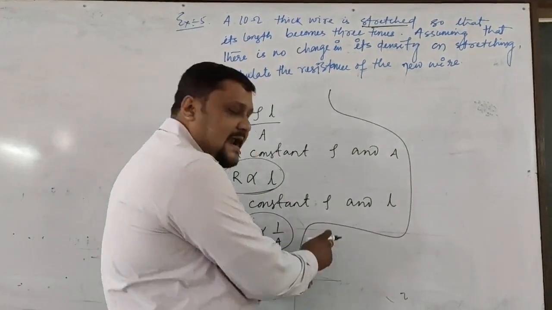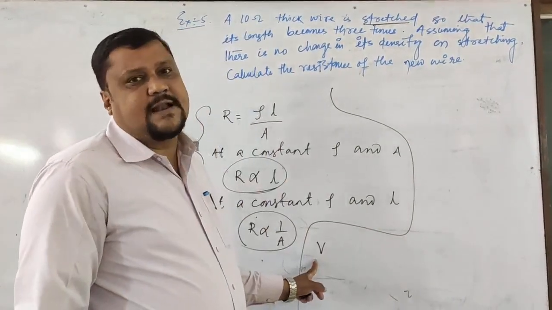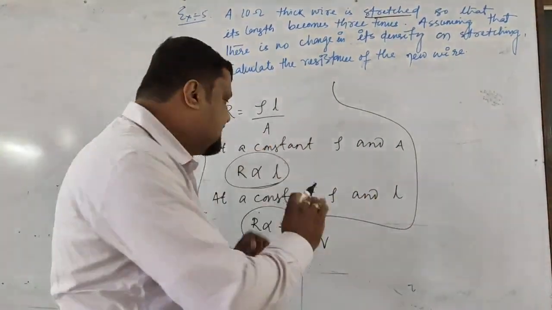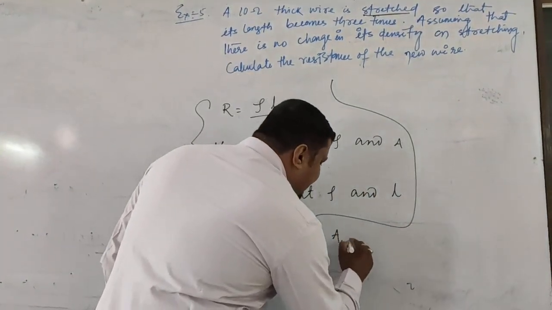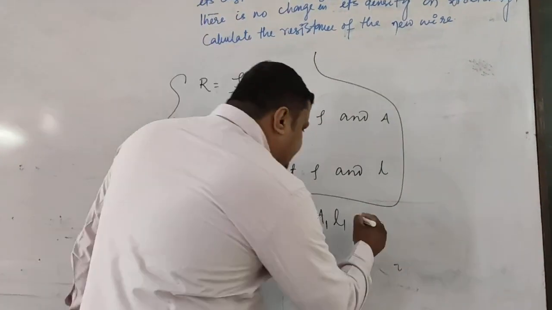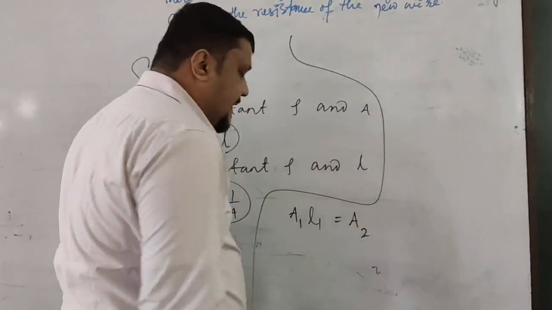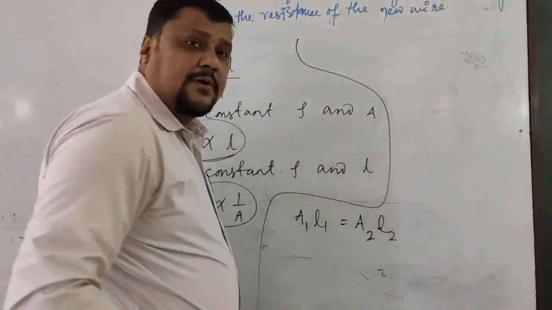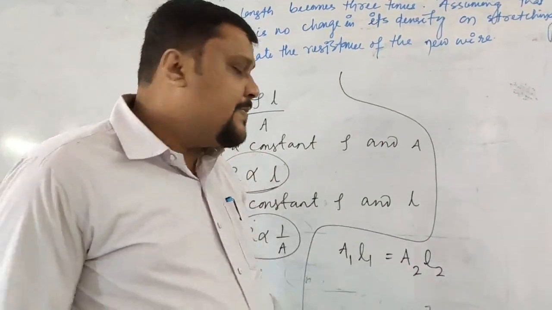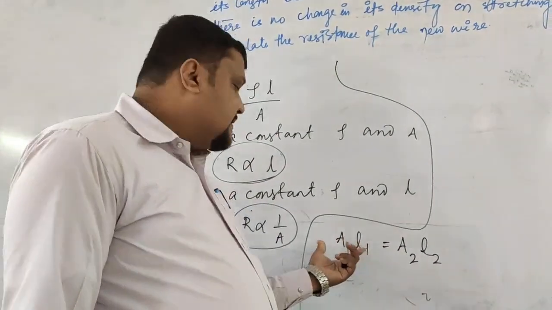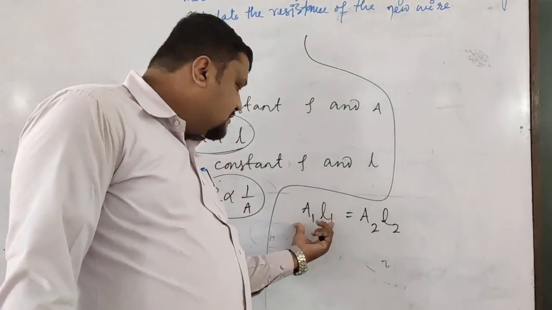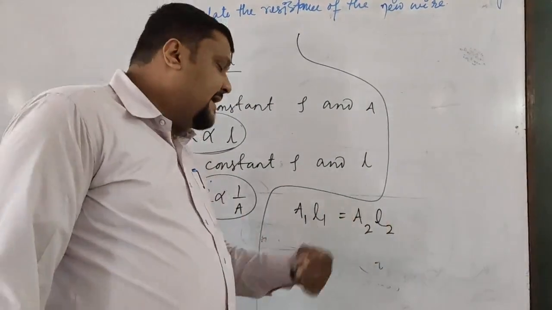So on stretching, the volume remains constant, which means if A1, L1 is the area and length, this is the volume before stretching, and it is equal to A2, L2 after stretching. Area into length is the volume before stretching, and this is after stretching A2, L2.